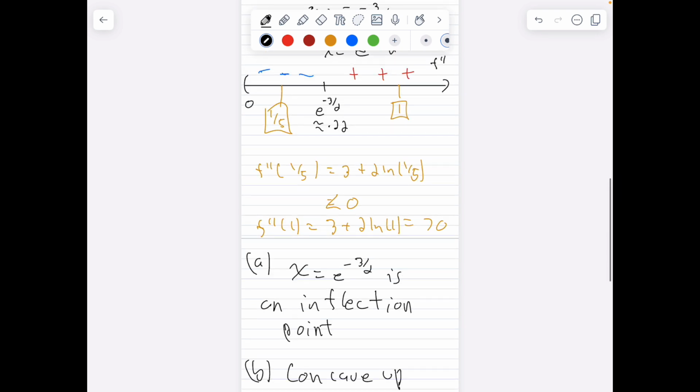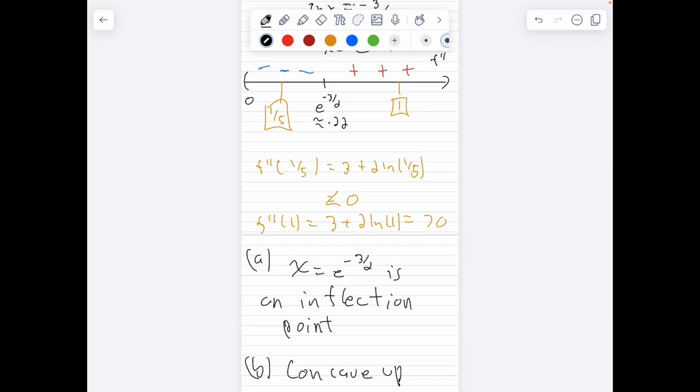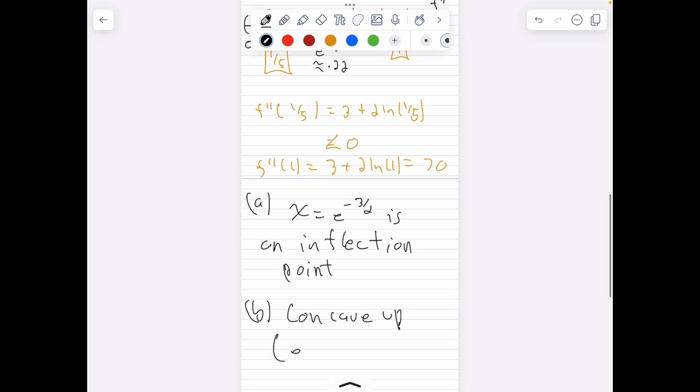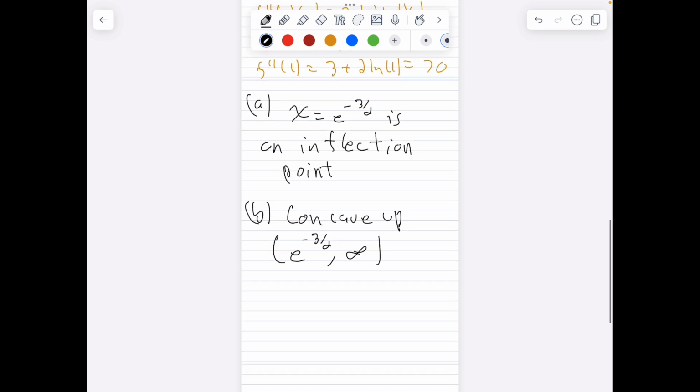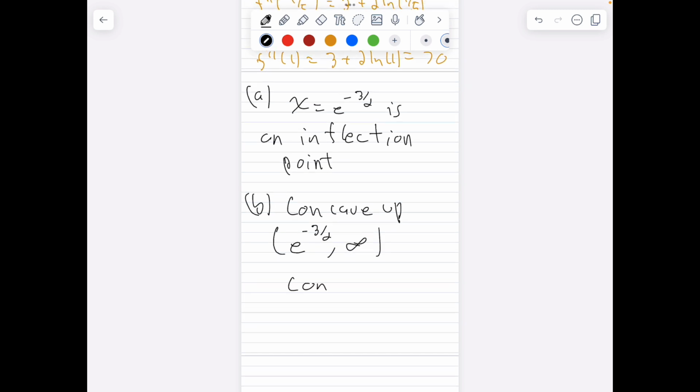Well, it's concave up on e to the minus 3/2 to infinity. And it's concave down on 0 to e to the minus 3/2. Okay. And there we go.